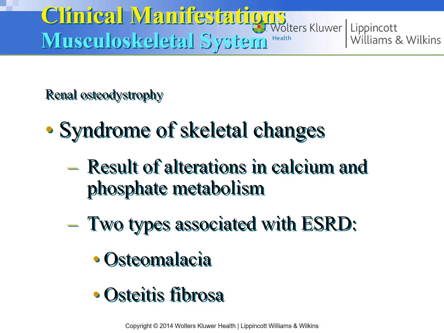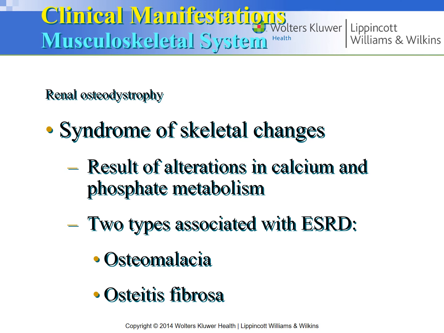Osteodystrophy for renal patients is a very interesting thing that happens. We'll see skeletal changes, and it's all because of calcium and phosphate metabolism. With end-stage renal disease, we'll see two different types: osteomalacia and osteitis fibrosa, both meaning the weakening of the bones.